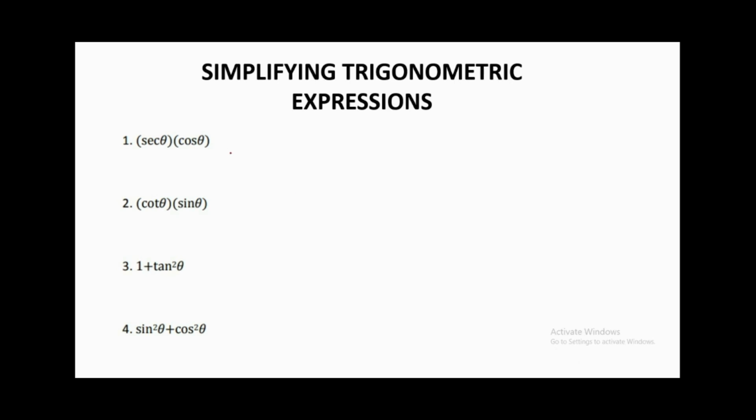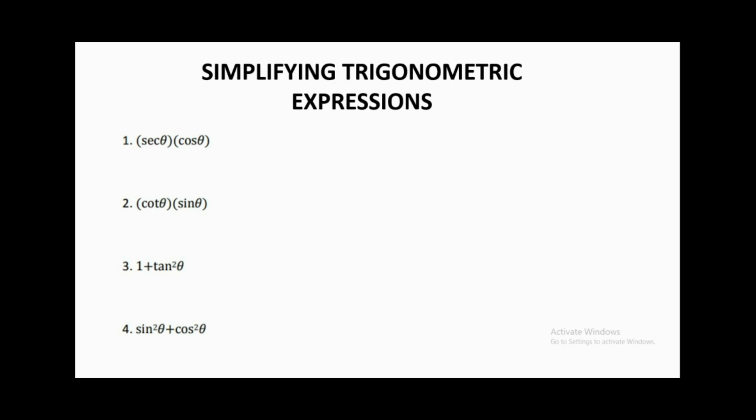So number one, we have secant theta times cosine theta. So first, you are going to rewrite the trigonometric function into sine or cosine. So secant, based on our trigonometric identities here or here, secant is equal to 1 over cosine.